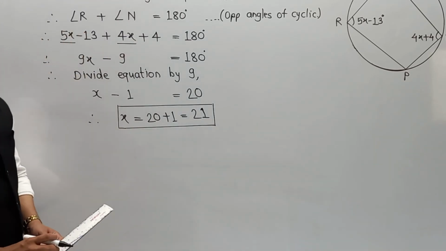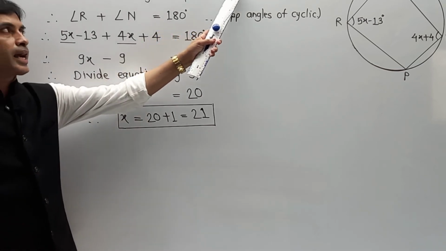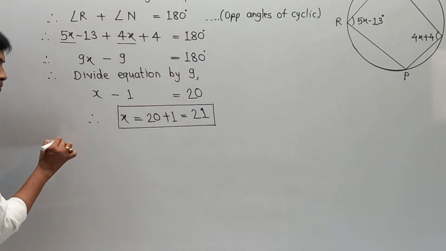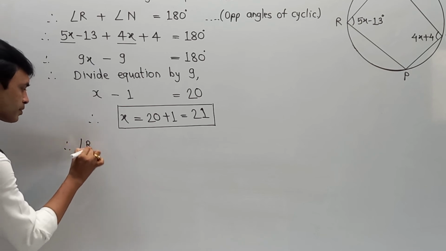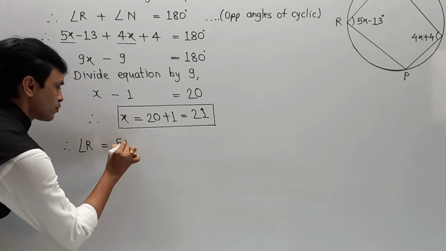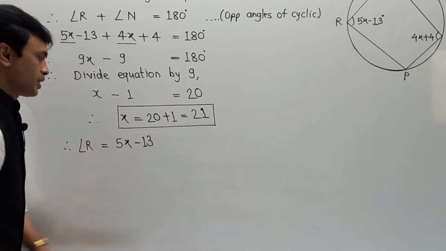But still, our calculation target is something different. We want to calculate angle R and angle N. So first, angle R. Angle R is equal to 5x minus 13. Value of x is 21.